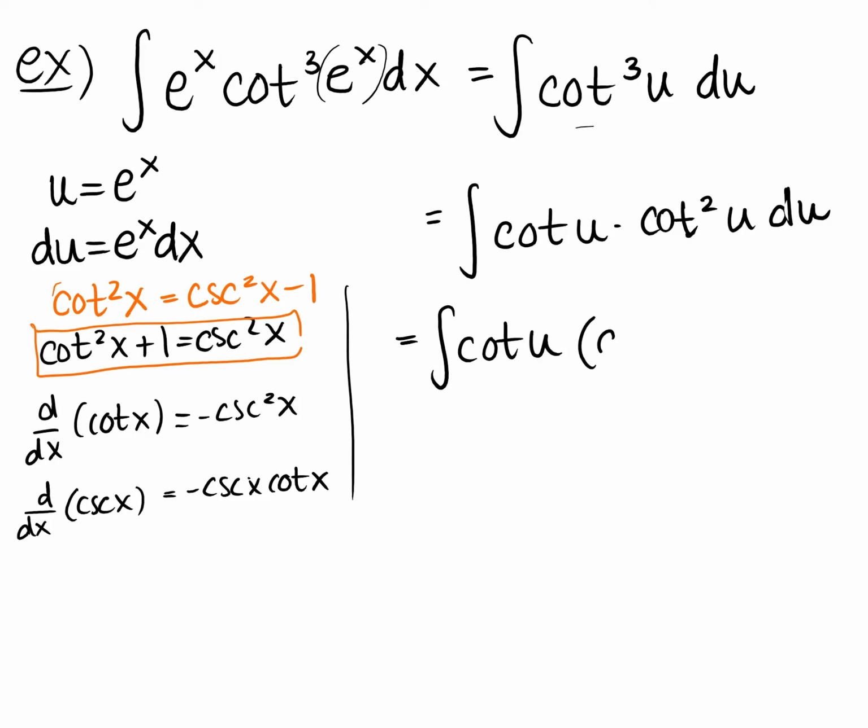Because if I bring some cosecants in, maybe the math gods will smile upon me and allow me to do something with this. And now that I see this, I'll probably be able to do something here.